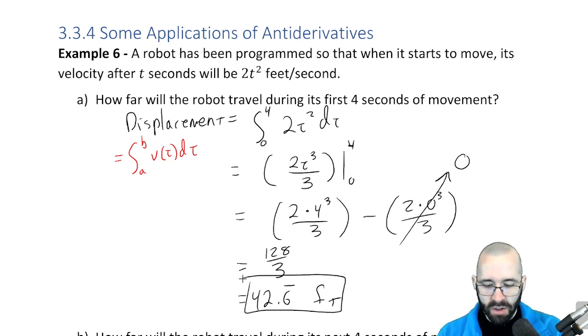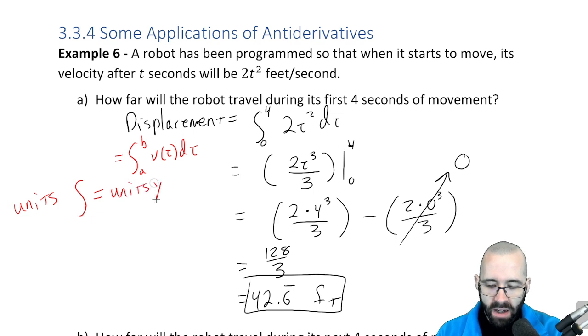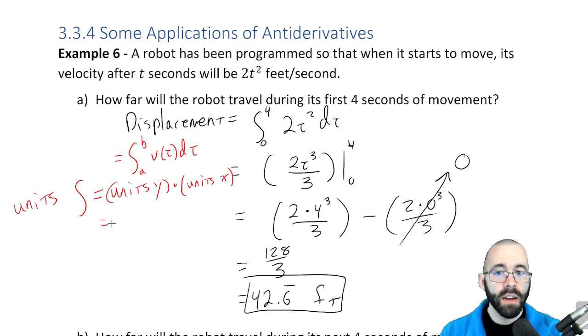Another way that you can look at units is remember that the units of an integral are always the units of y times the units of x. In this case, what's the units of y? Sorry, let's not say y.